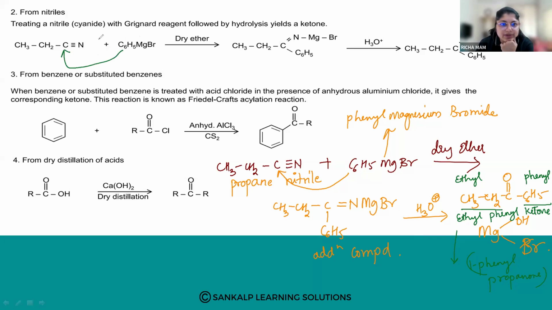So CH3CH2C, then C6H5, then a double bond N, MgBr. So this will attack here and this will attach here.